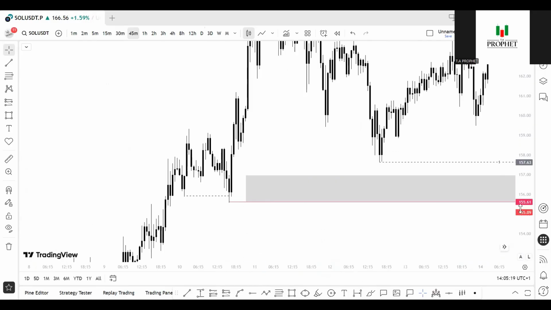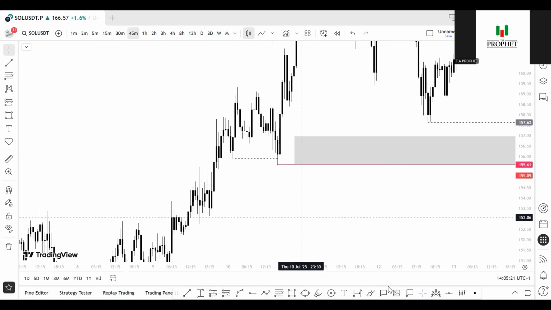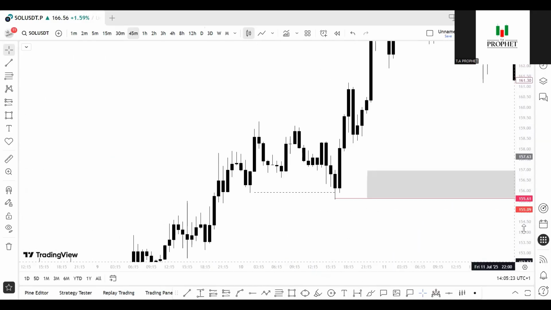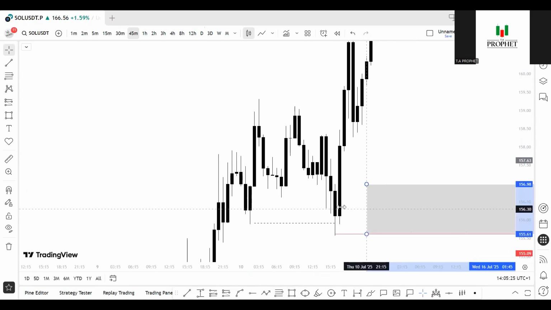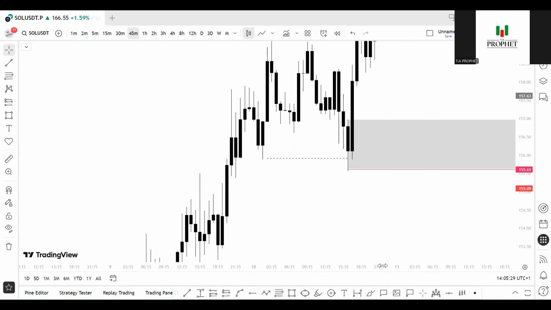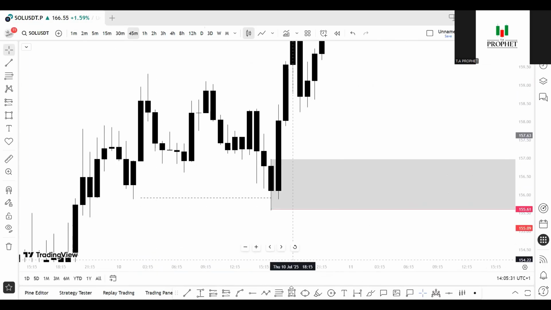And now look at it. We're talking about this candle now. This candle here that I just highlighted. Now look at that candle. You can see that it swept the previous candle low. This was the previous candle low. This candle swept the previous candle low. You understand?